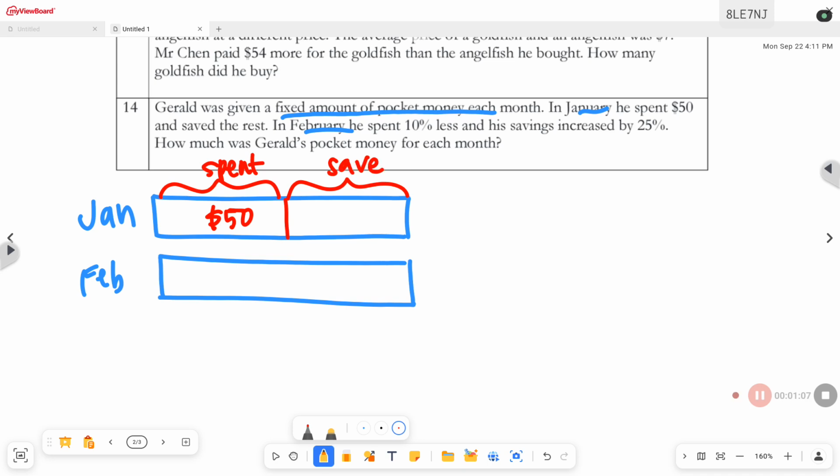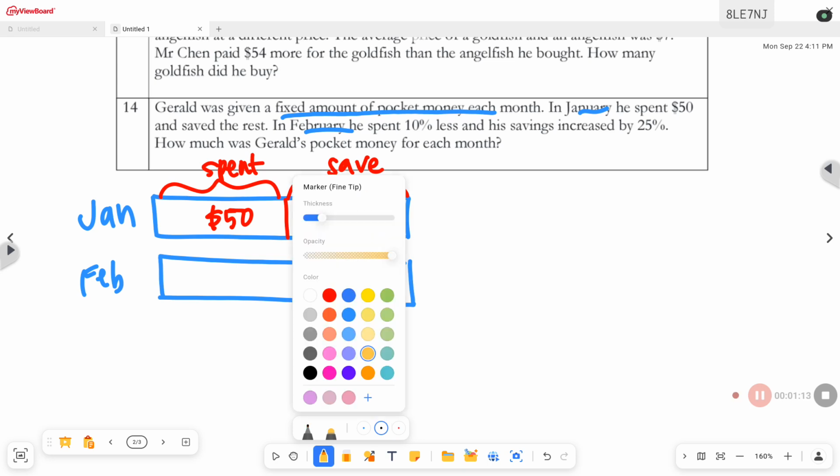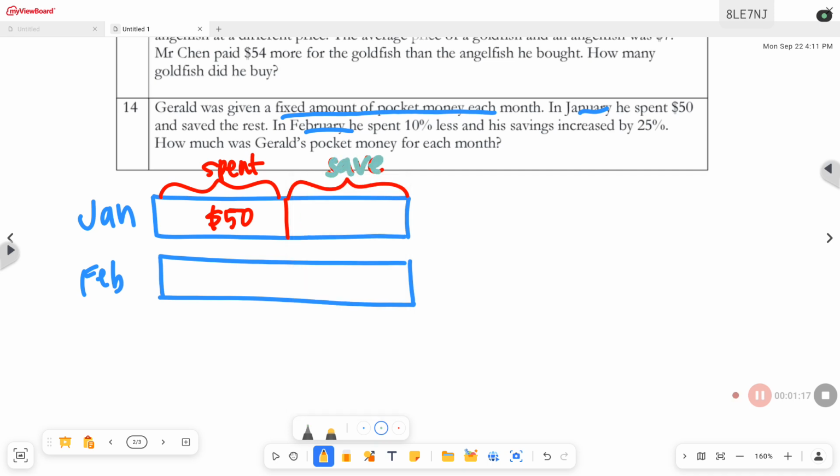So in February, I better use a different color. Let's say save. In February, they're trying to tell you that I spent 10% less. You need to be careful: 10% means 10 over 100. 10% less is referring only to the spending, which is your $50.